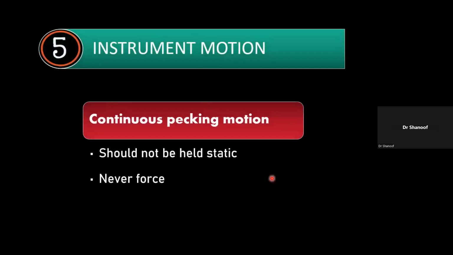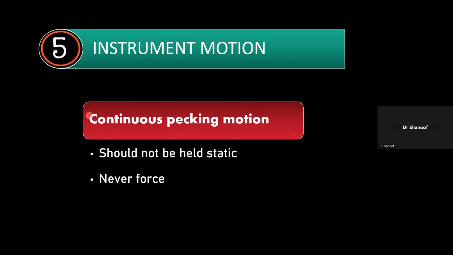Another most important reason for file fracture is wrong instrument motion. We should always use files in a continuous pecking motion, and it should not be held static in the canal. This pecking motion should always be given with very light apical pressure. If you hold the file static in one position, it will always lead to stress concentration at one point.